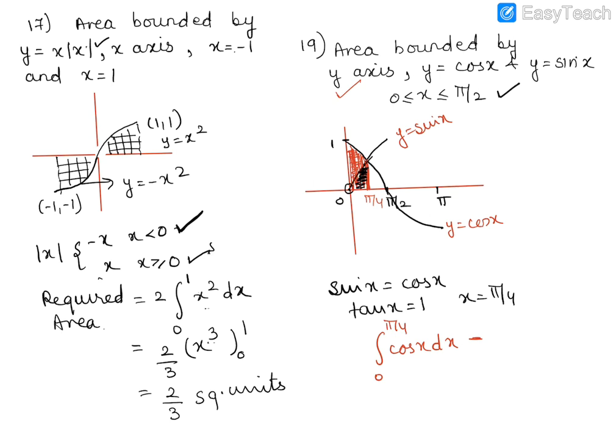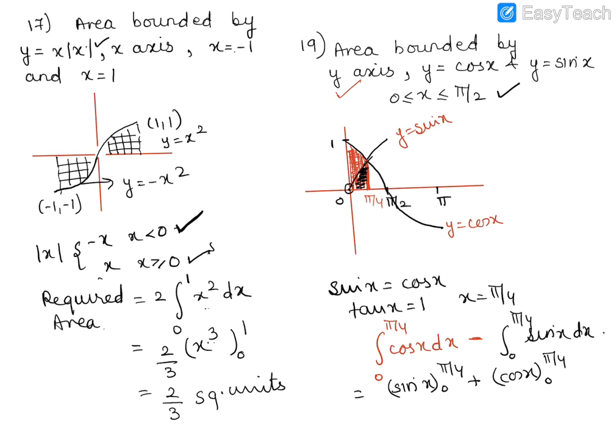I'm taking it out. So therefore minus 0 to pi by 4, and this is sin x dx. So therefore I will get cos का integral will be sin x, limit is 0 to pi by 4, and this is plus cos x, limit is 0 to pi by 4.